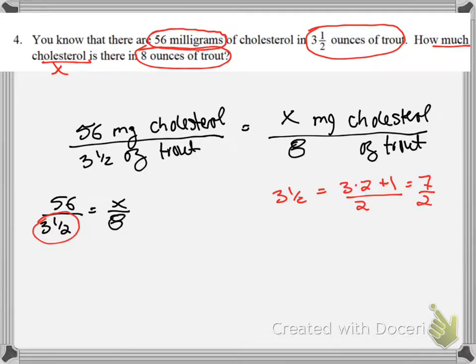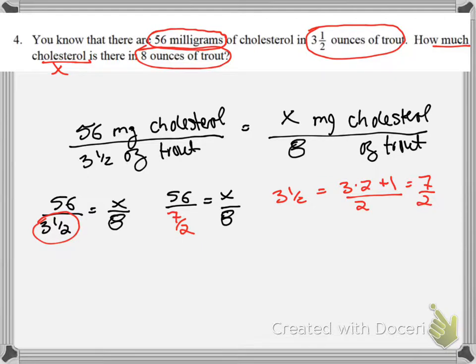So before I can actually solve this proportion, I need to rewrite it so that my mixed number is actually an improper fraction. That's always the first step if you have a mixed number in your proportion.